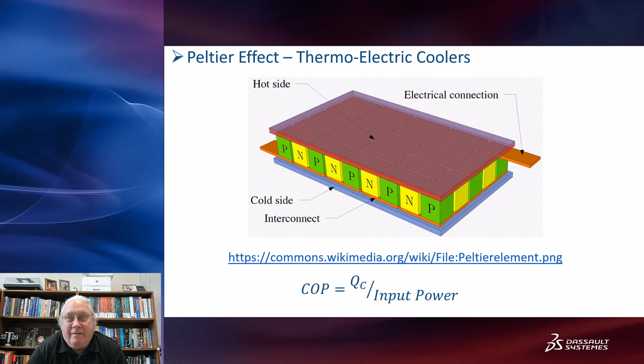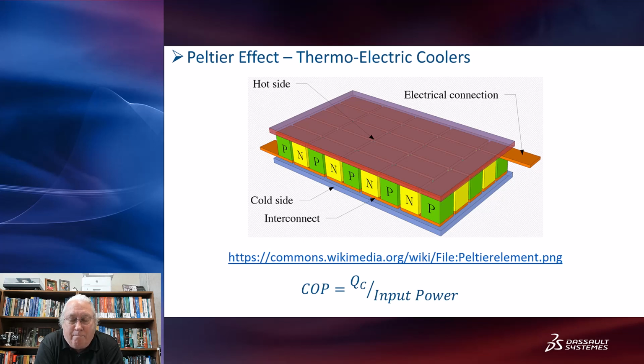They're not as efficient as something like a VCR system, but they do have the added benefit that they don't create any pollution, they're highly reliable, and they require low maintenance. These devices operate at various voltages and current levels.